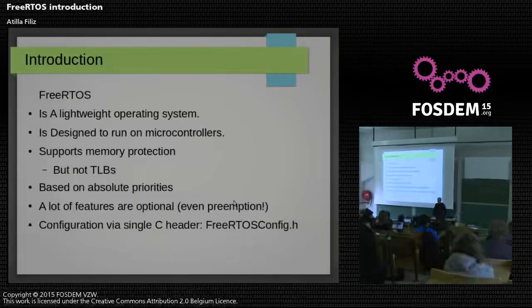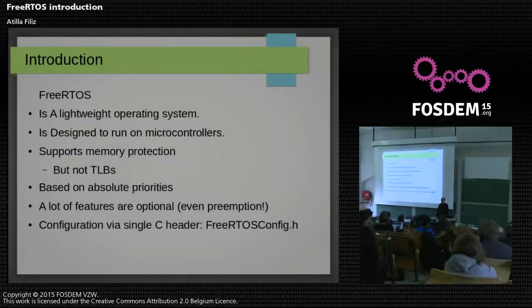FreeRTOS is a pretty lightweight operating system. It's designed to run on microcontrollers, and the operating system itself takes 5 to 10 kilobytes in flash and about 300 bytes of RAM. It does support some memory protection if your CPU core supports it, but it doesn't do any address translation, so no TLBs.